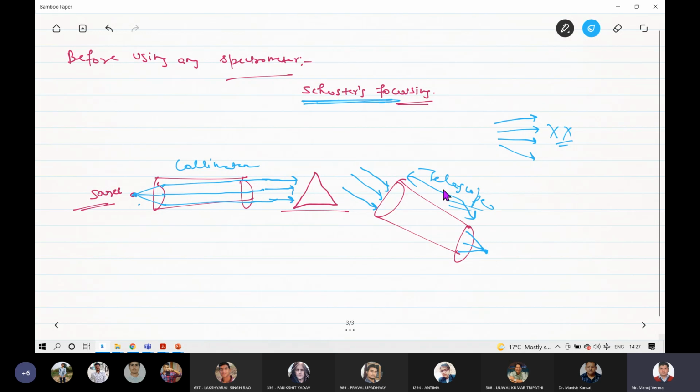This you have to ascertain. For this, we can move this telescope into a completely different direction, and we can focus on a distant object, to calibrate, I can say, for Schuster focusing.